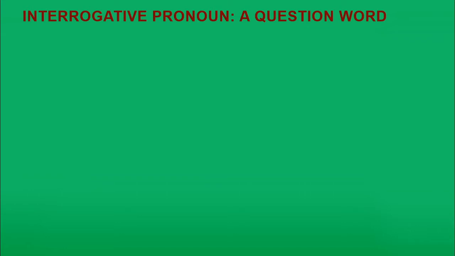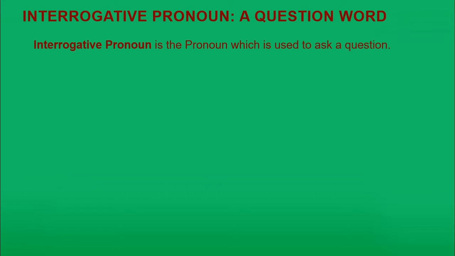Interrogative pronoun, a question word. What is an interrogative pronoun? An interrogative pronoun is the pronoun which is used to ask a question. We use an interrogative pronoun to get proper information. These pronouns are always used in writing or speaking.